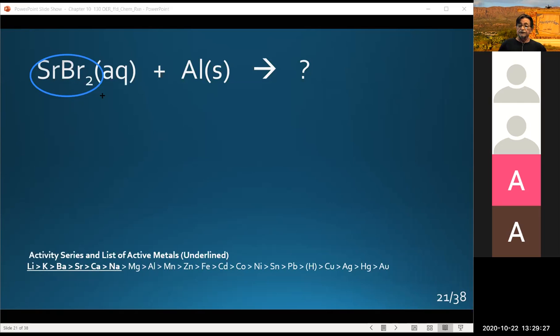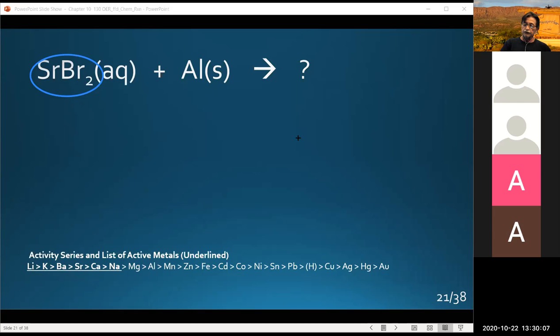Those were the 16 metals that have a constant oxidation number when they become ions. Group 1 had +1, group 2 had +2. This guy here, Sr, is in group 2. It's number 38, right underneath calcium. And so being in group 2, we wouldn't put a Roman numeral in the name because we know it has a constant oxidation number. Okay, so with that being said, we had strontium bromide reacting with aluminum.